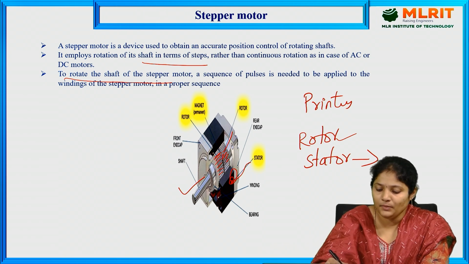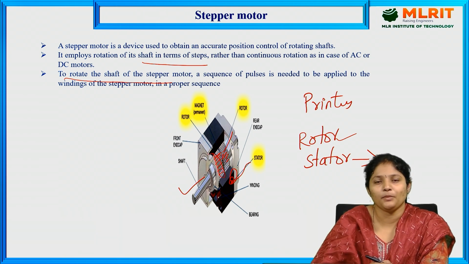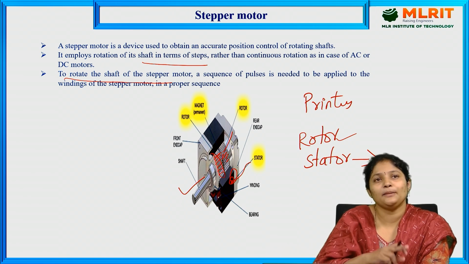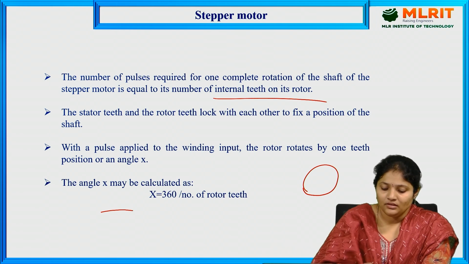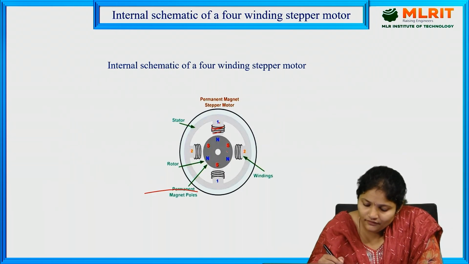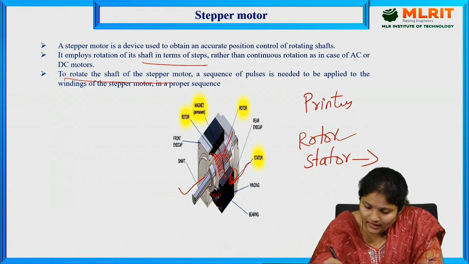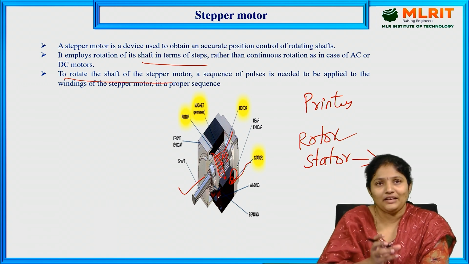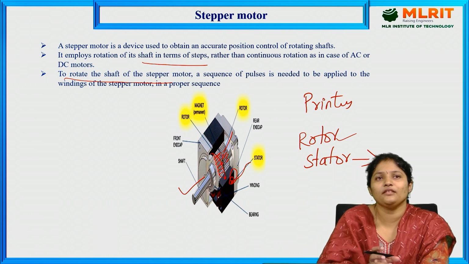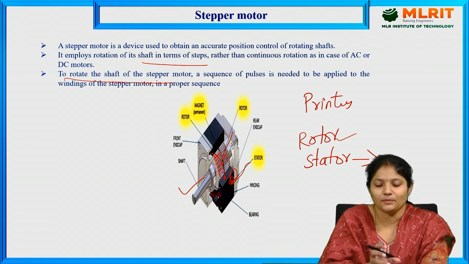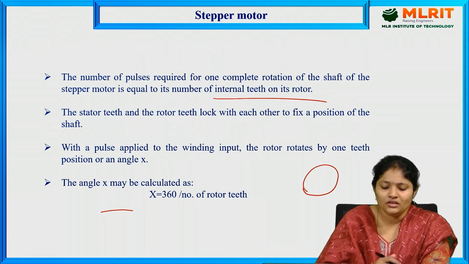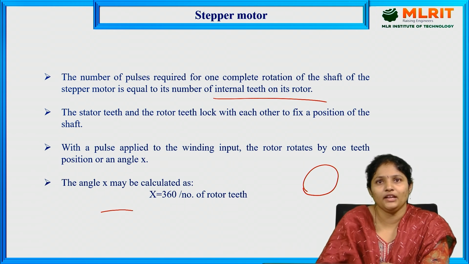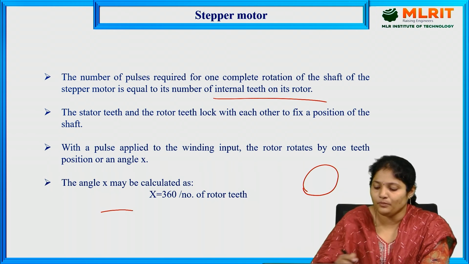The number of teeth in the stepper motor will be equal to the number of pulses we need to apply to get one complete rotation. The stator teeth and the rotor teeth will lock at a particular step, so that we can stop the stepper motor at a particular step. So with these pulses applied to the winding inputs, the rotor rotates by one teeth position.